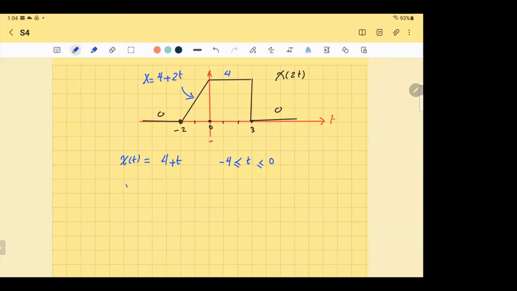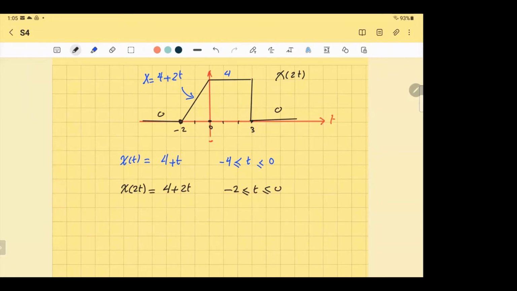So, let me change the color, for the new function, I'm just working on this part, the rest will be the same. So x of 2t is equal to 4 plus 2t, for t greater than or equal to -2 and less than 0. So what happened?